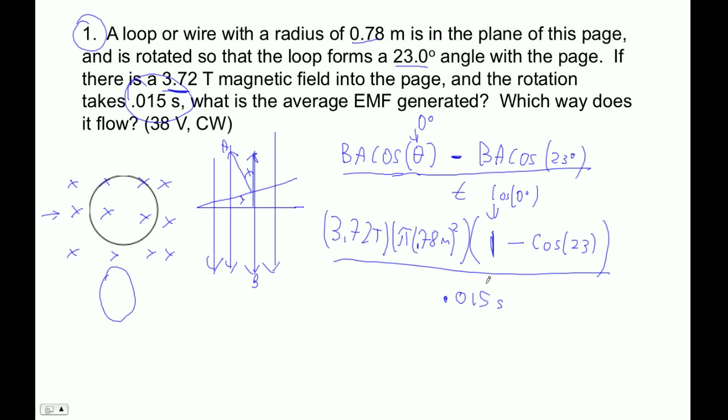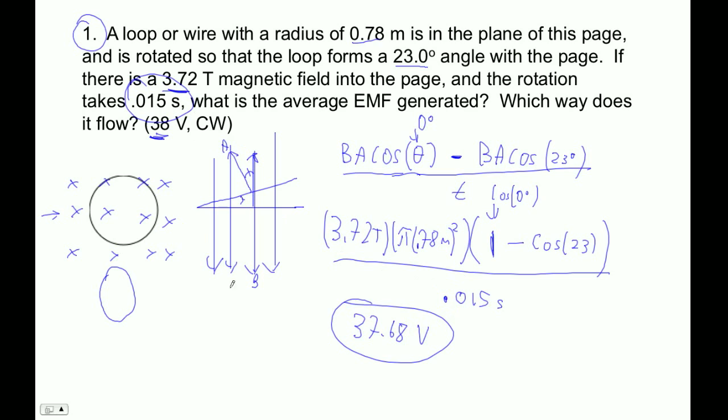Let's delete, delete, delete. Okay, I think I'm ready. And then I'm going to divide by 0.015. I get 37.68, so I get 37.68 volts of EMF. That's the answer here.